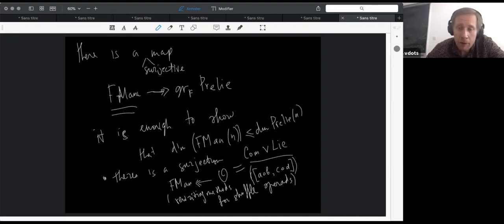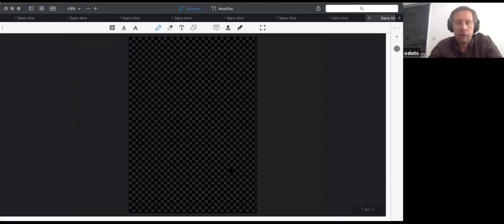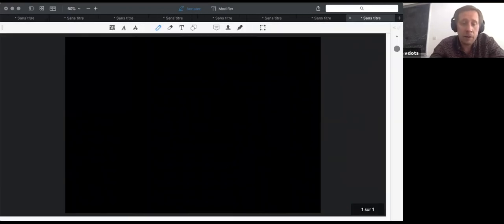Now, the last step is to estimate from above the dimensions of components of the operad O. And for that, you know, if we were dealing with the Poisson operad, you can also play this game.